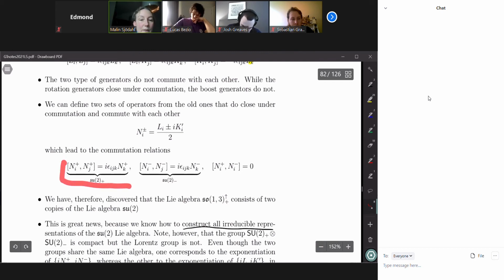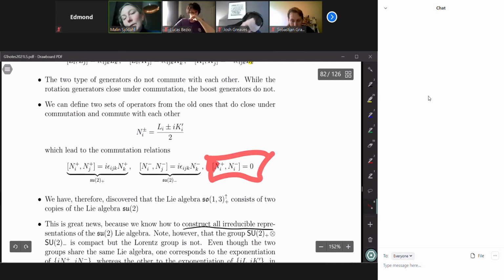So the N pluses close in the sense that commuting two N pluses, we only have another N plus. The N minuses are also closing. So if we commute two N minuses, we get another N minus. If we have i and j here, we have the remaining k there. And similarly for the pluses, i, j, and k. However, N plus and N minus commute.